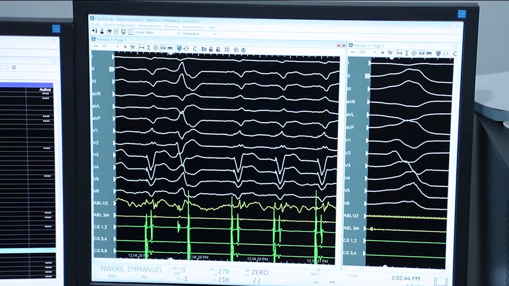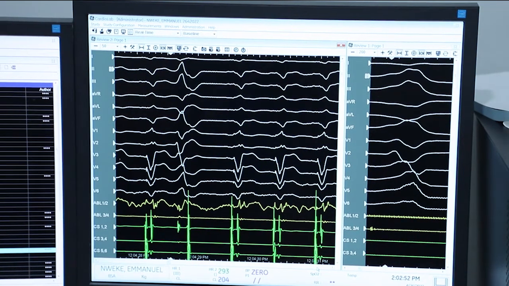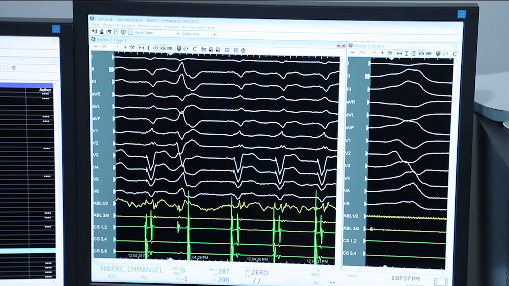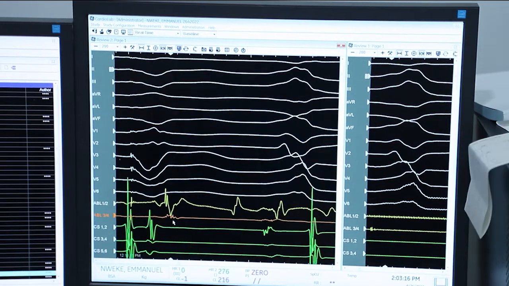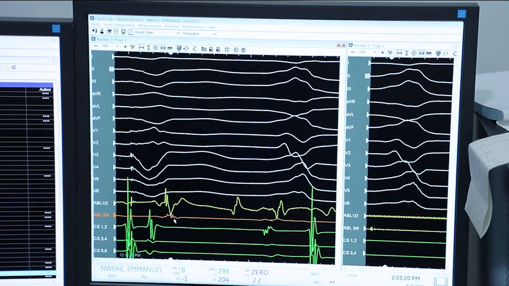Recurrence of PVCs occurred, and we decided to do more extensive ablation in the basal anterior area and eliminate all diastolic potentials or late systolic potentials. This is a late potential.